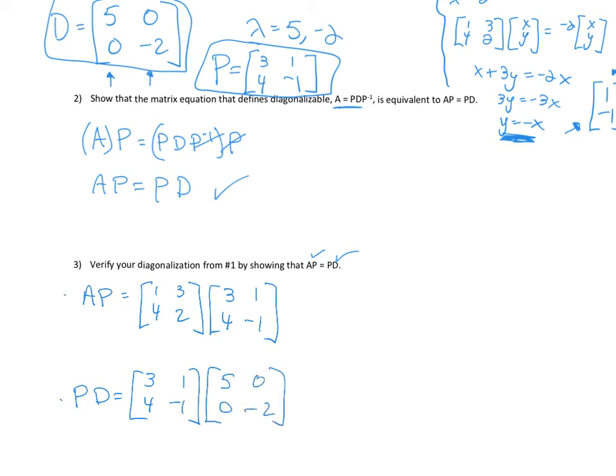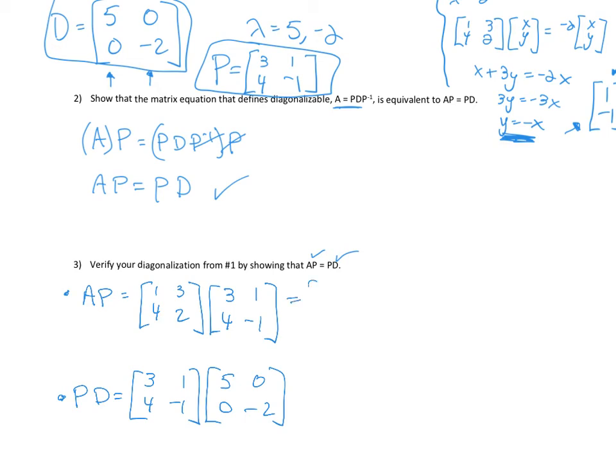So if these two multiplications give me the same result, I will have verified that I found a correct P and D. And this is helpful because the answers that I give in the back won't always look like yours, because you could have swapped the columns of D, you could have used different eigenvectors to put into P, but this is a way you can always check.